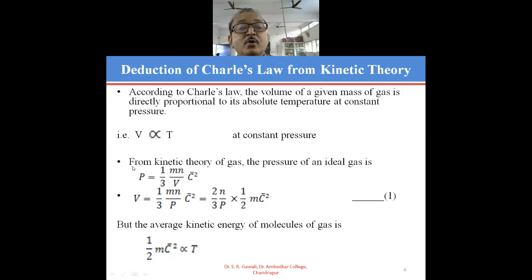So, we have seen the expression for the pressure exerted by the molecule of the gas. From the kinetic theory of gases, the expression for the pressure of an ideal gas is given by P is equal to 1 by 3 m into n upon V into C bar square.